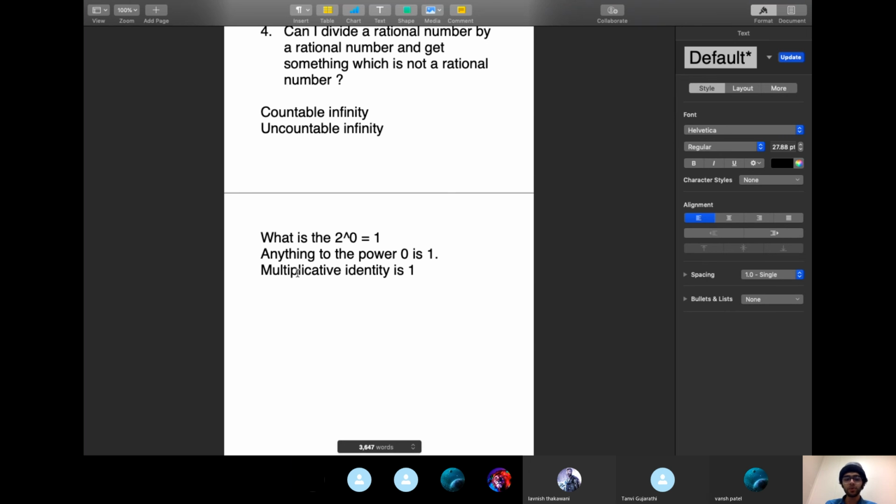So technically, whenever you do any multiplication, you're actually doing 3 times 4 times 1. This 1 is always there because it's the multiplicative identity. You have to multiply it by 1. So if you do 3 plus 4, it's actually 3 plus 4 plus 0. That 0 is always there because that's the additive identity. It will always be there.